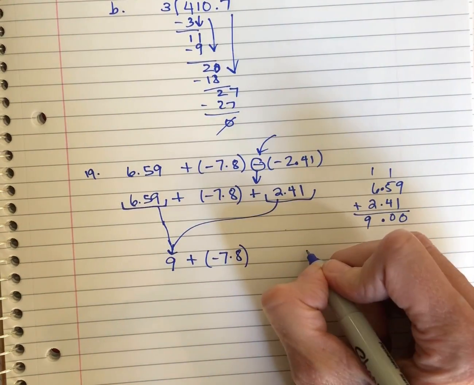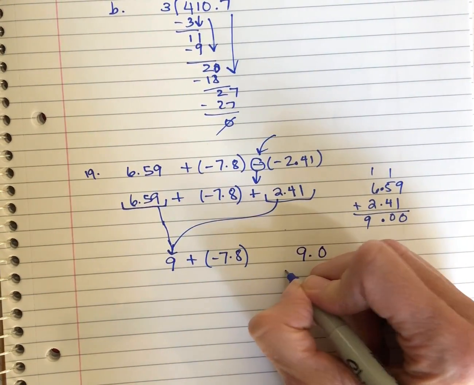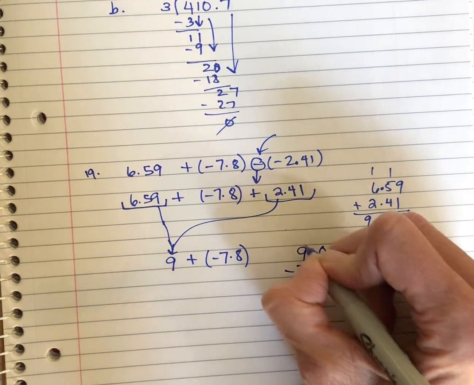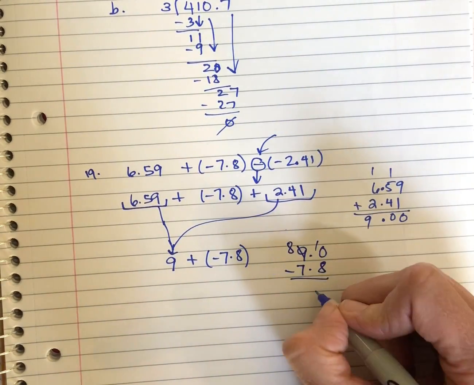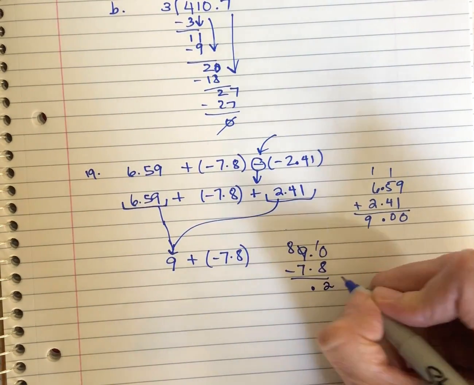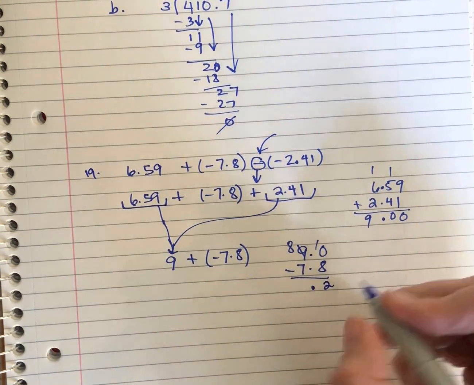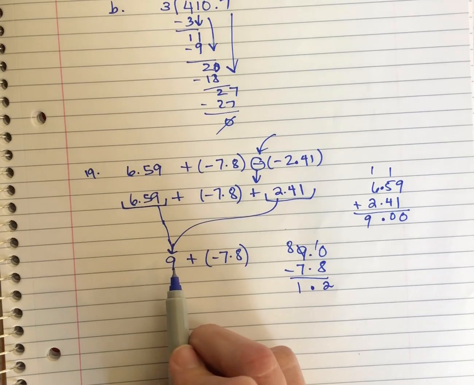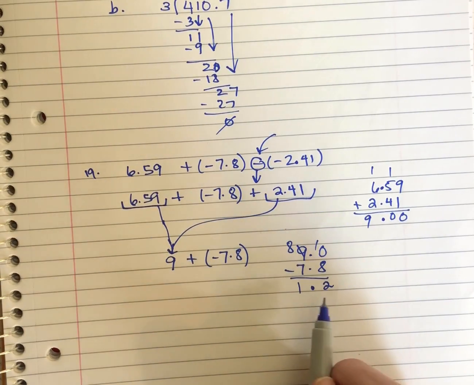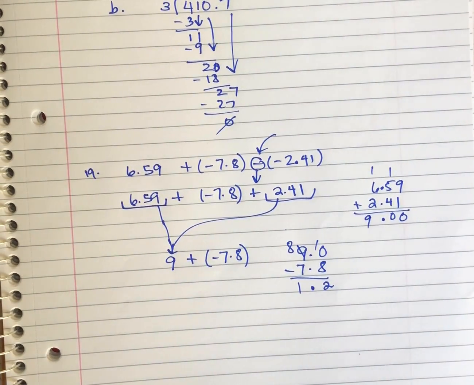I guess I could keep that decimal there. So 9.0 minus 7.8, borrow, we need 2. 10 minus 8 is 2. 8 minus 7 is 1. I have more than I owe, which makes it a positive 1.2.